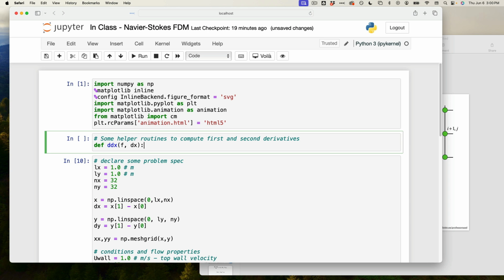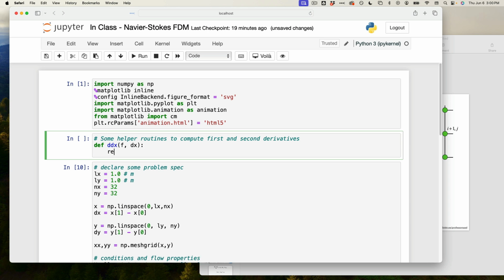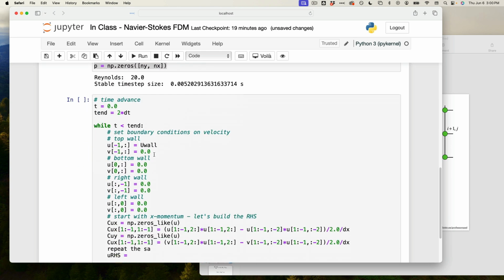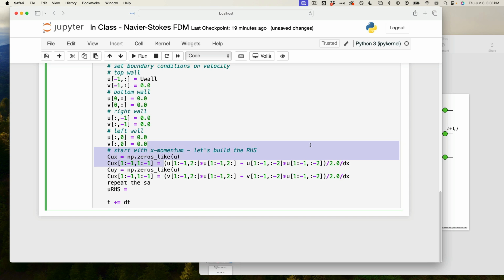That's all I need. I need that quantity, the field, the array, the mesh points, the values of that quantity with the spacing. And we declare result. Result is np.zeros_like f, which is that quantity. And then same thing, result 1 to minus 1, 1 to minus 1, only on the interior points, is going to be equal. I'm just going to copy and paste this from here.